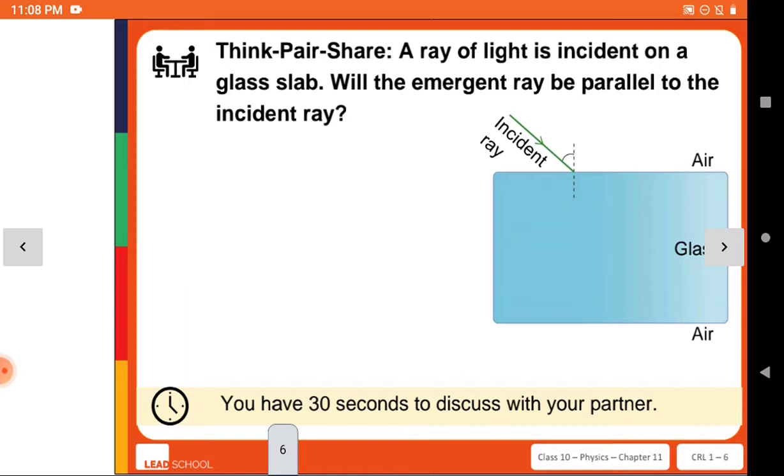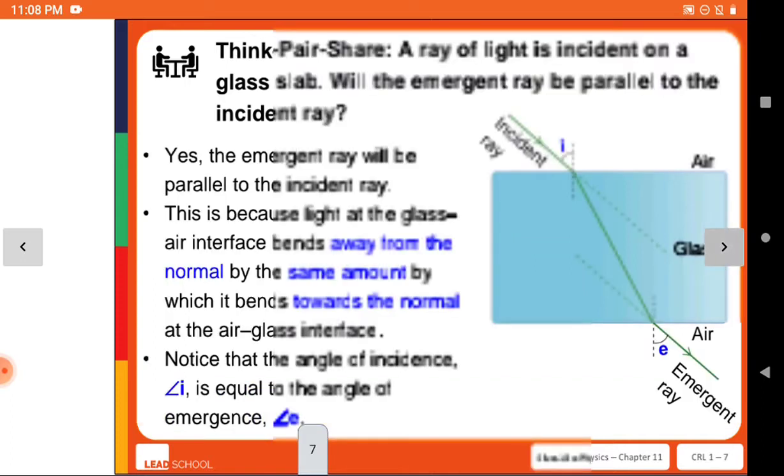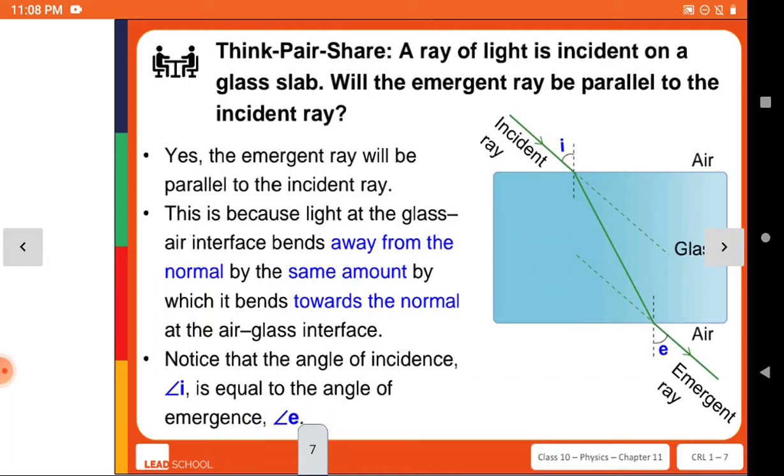In this activity we understand the emergent ray. Emergent ray means how light bends and, after going from denser to rare medium, attains the same direction after the refraction.